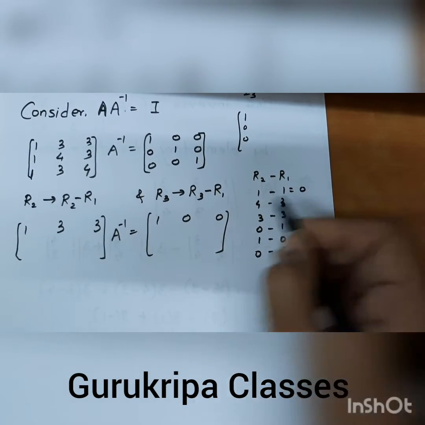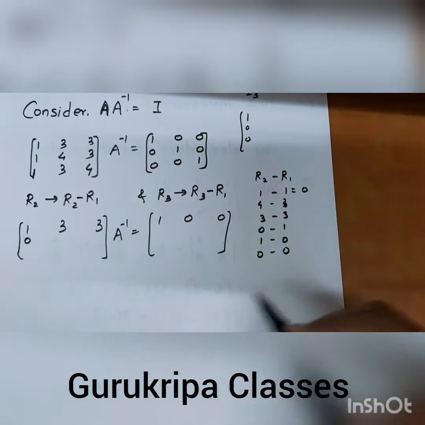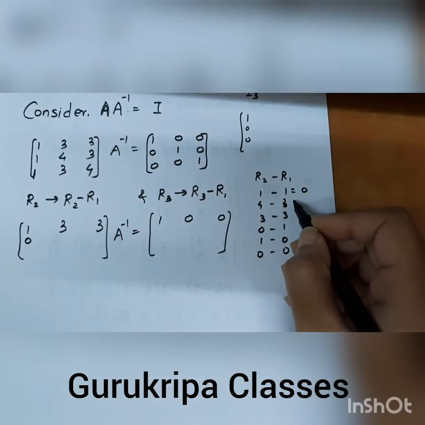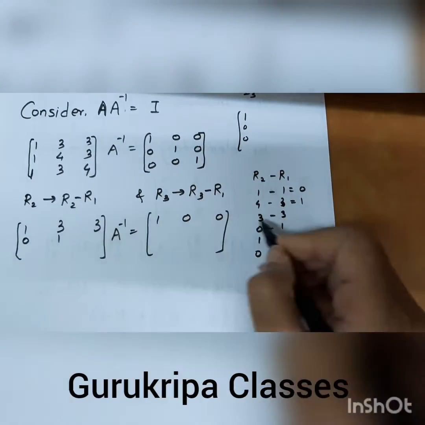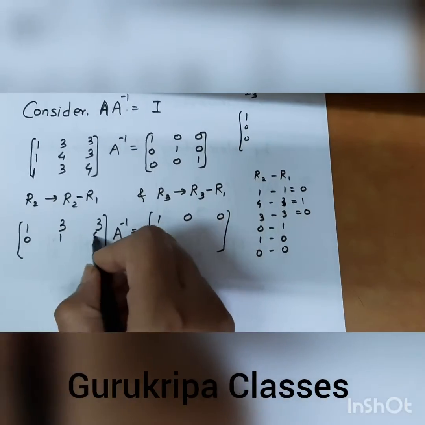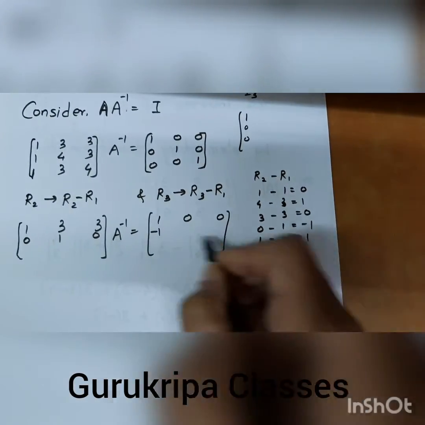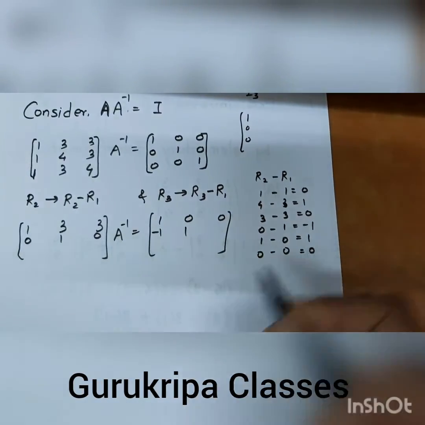So 1 minus 1 is 0. So we are getting 0 here since R2 minus R1. This operation is successful now. 4 minus 3 is 1. 3 minus 3 is 0. 0 minus 1 is minus 1. 1 minus 0 is 1 and 0 minus 0 is 0.